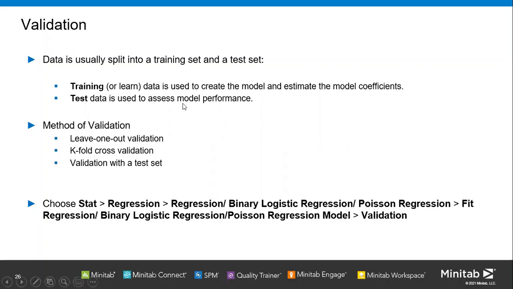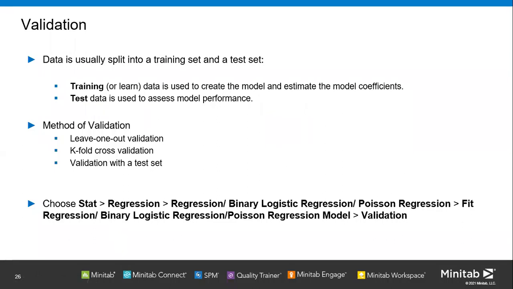There are three methods for validation: leave-one-out validation, K-fold cross validation, and validation with a test set. All these methods are now available for regression in Minitab. How can you see it? Go to Stat, Regression, Fit Regression Model.